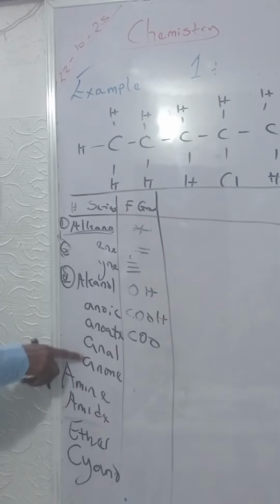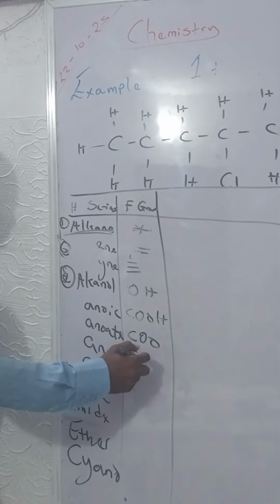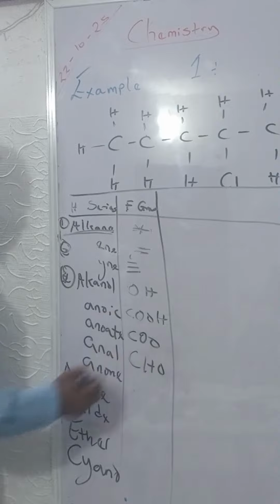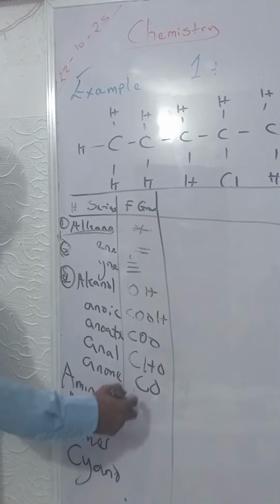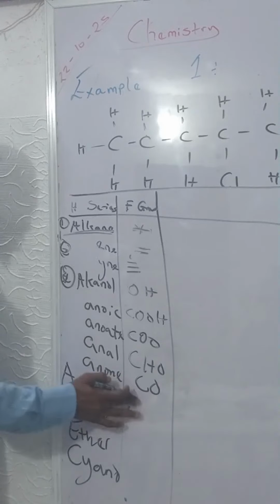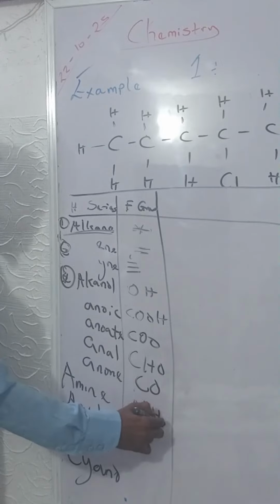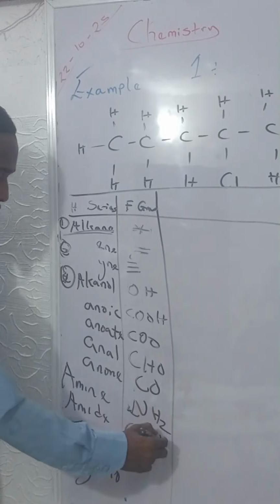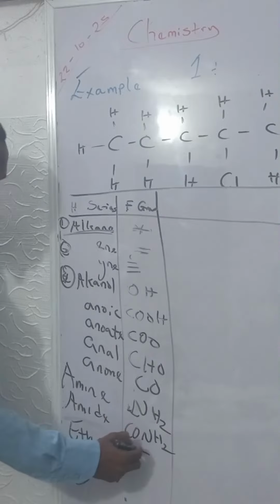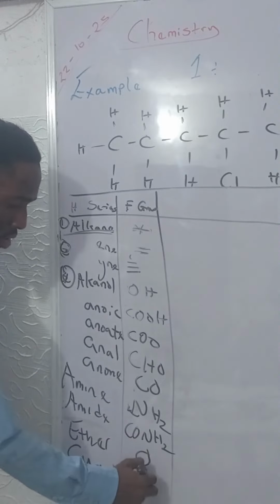The alkanal, CHO. Alkanone, CO. Amine, NH2. Amide, CONH2. Ether, just O. Cyano, CN.